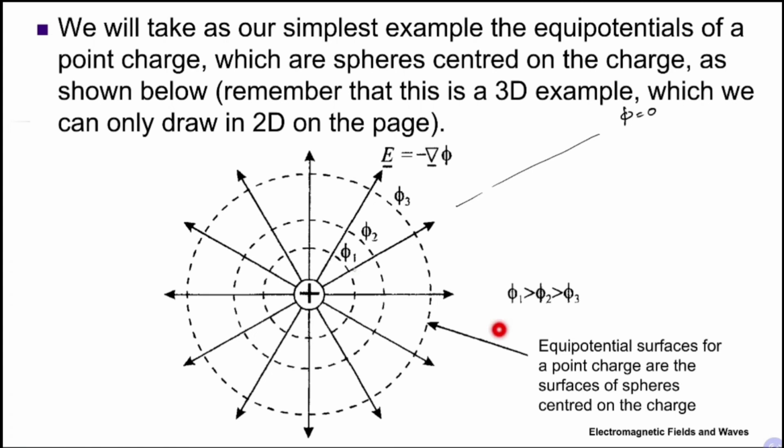The electric field always points perpendicular to the equipotential surface in the direction of decreasing potential, and that is the equation E equals minus grad phi, or gradient of the potential.